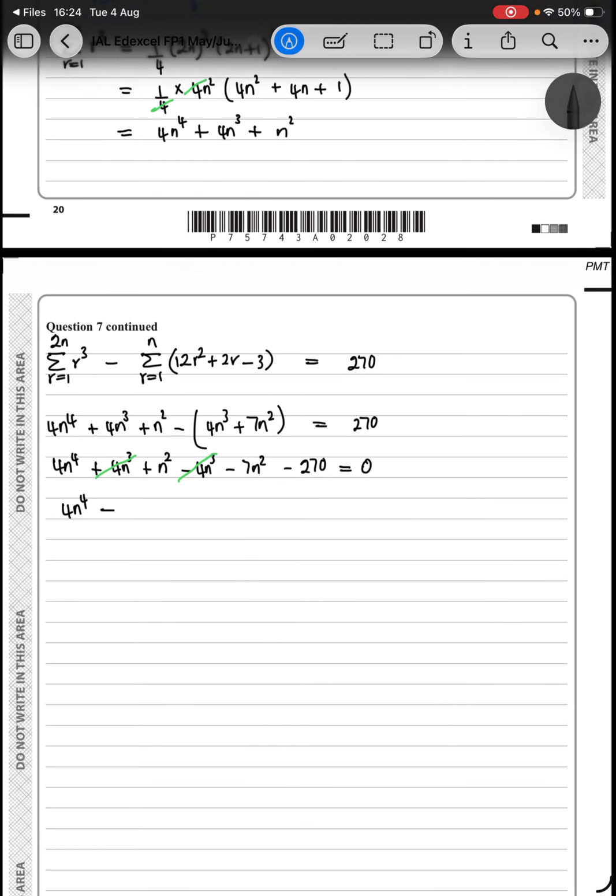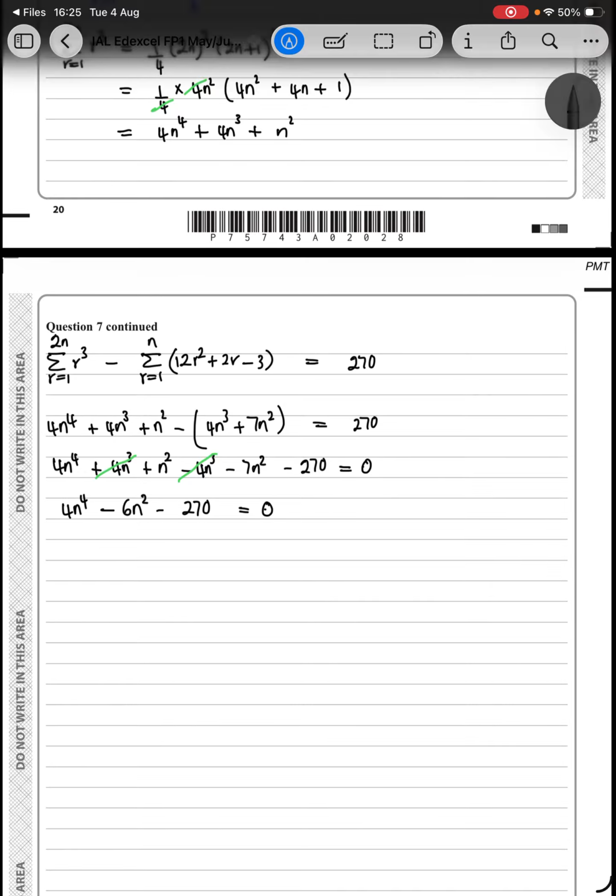Now this looks almost like a quadratic expression, except a quadratic would be ax squared plus bx plus c, but instead here we have the power of 4 and the power of 2. We can work it out the same way.